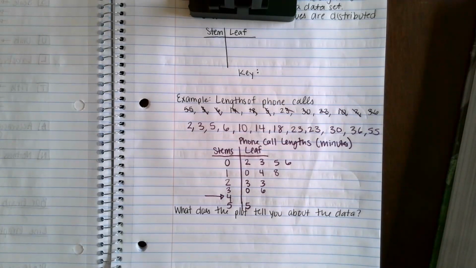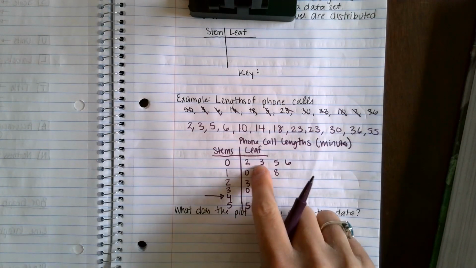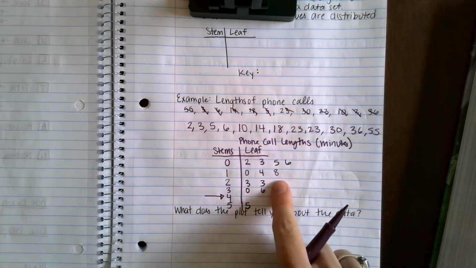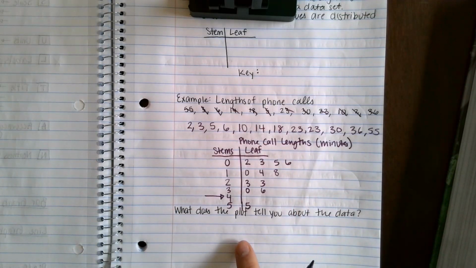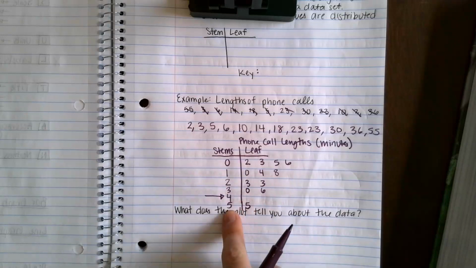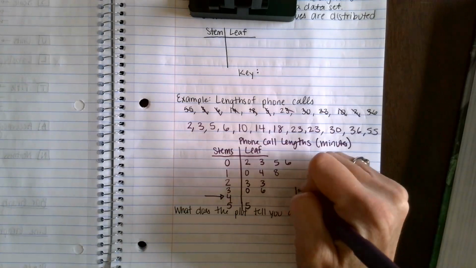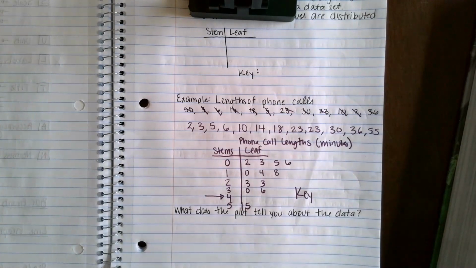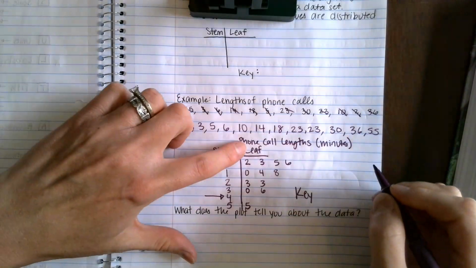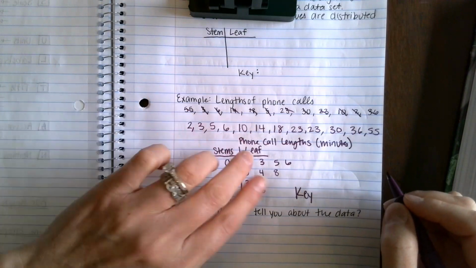Okay, so you can see that I didn't put commas. I lined them up here. And I ordered the stems from least to greatest and my leaves. Now, the only thing that I'm missing here that tells you how to read it is a key. So key, I would say you can pick any stem and leaf to do.